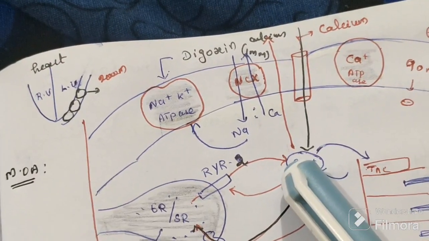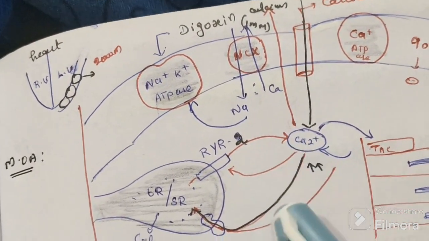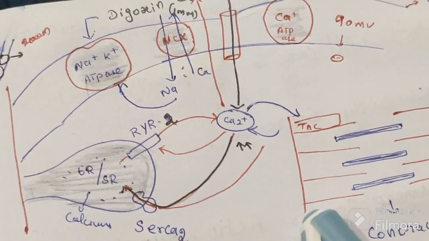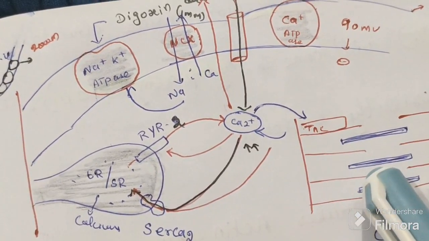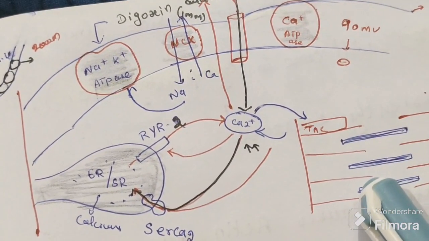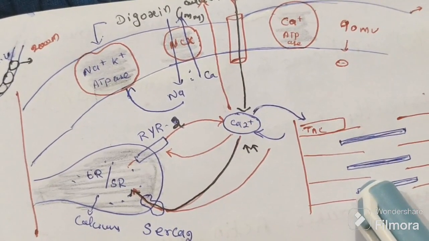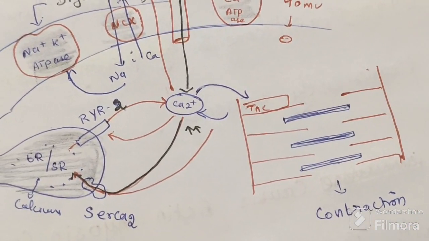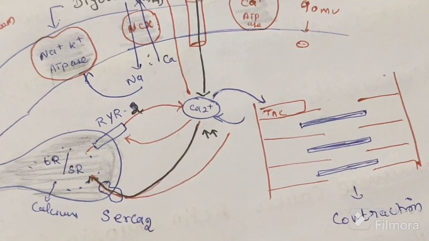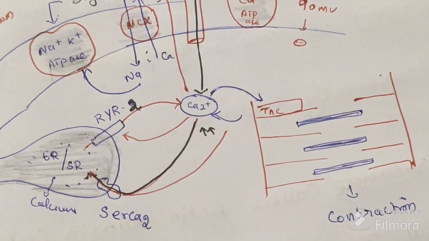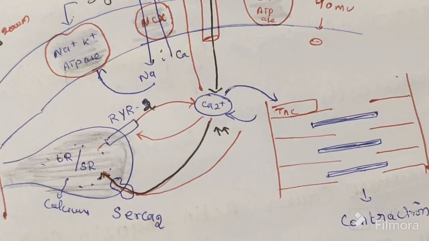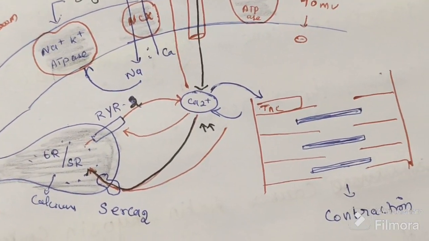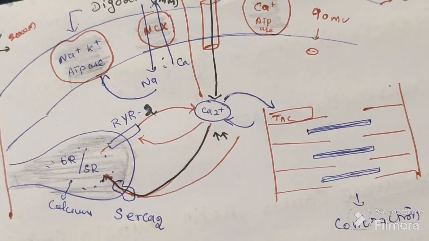Now totally 100%, that is causing troponin C activation, the actin myosin activation. Then that is causing actin myosin contraction. So here the heart contracts, systole occurs.